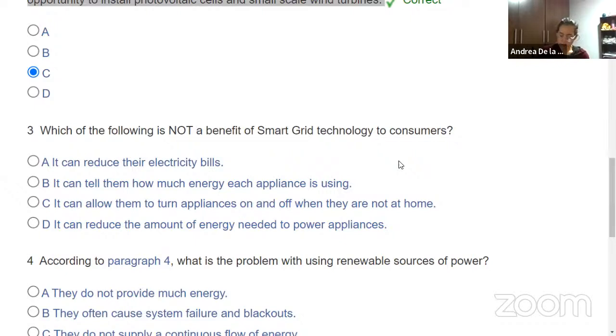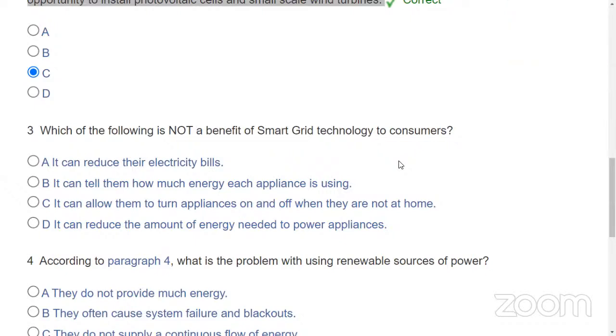Okay, guys, so what do you think? What is not a benefit of smart grid technology to consumers? What do you think the answer is?